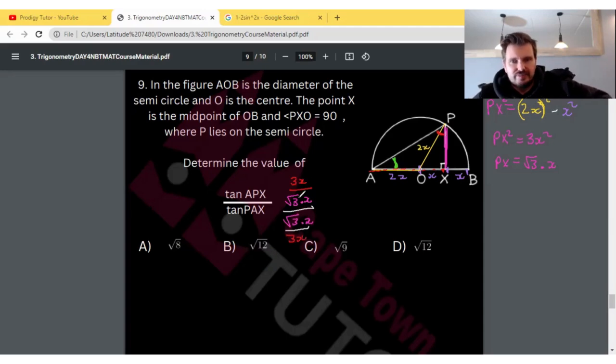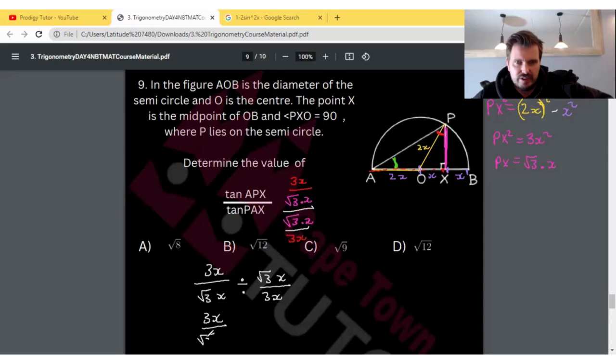Okay, so you get 3x, root 3x, and so this, let's write it out like this: 3x over root 3x divided by root 3x over 3x, which when we flip it and multiply, we get 3x over root 3x times 3x over root 3x.